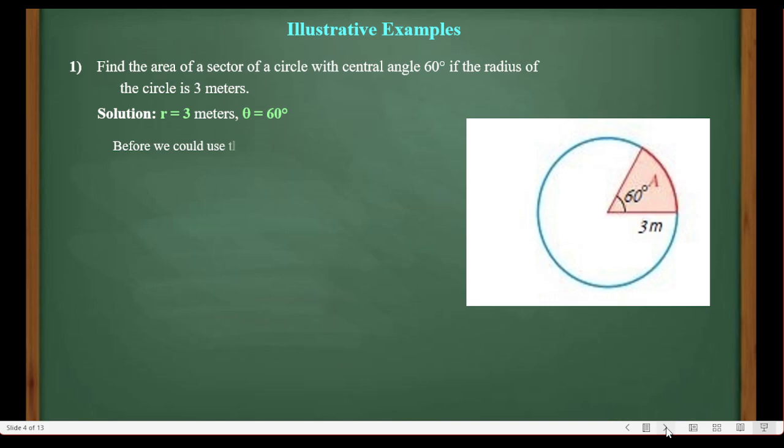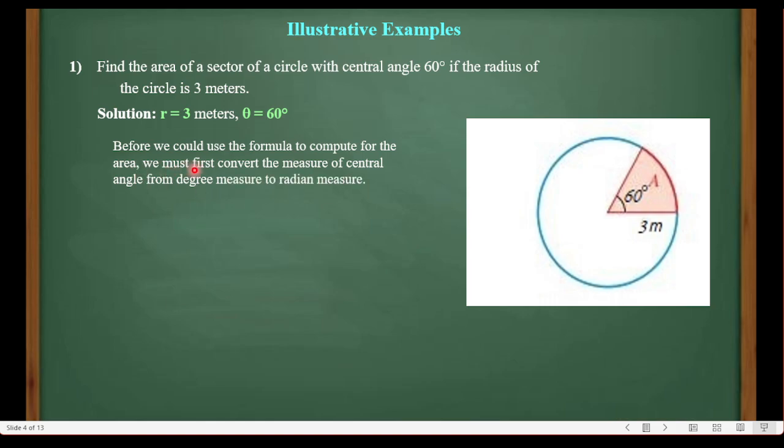Now before we could use the formula to compute for the area, we must first convert the measure of the central angle from degree measure to radian measure.